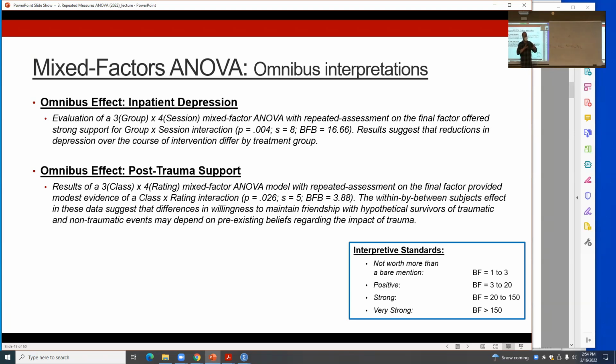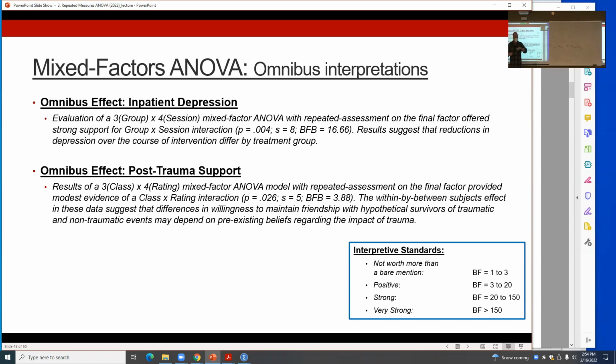Okay. So it just all builds on one another. You just have to go through and think carefully, take a step back and say, okay, what am I looking at? What does this mean? Anytime you see a between by within interaction, it just means that the pattern of means across this repeated assessment differs across these two groups, right? Or if you see a between subject factor, you're saying there are some differences collapsing across my repeated measure, right?